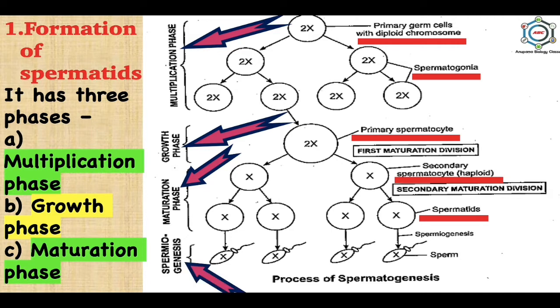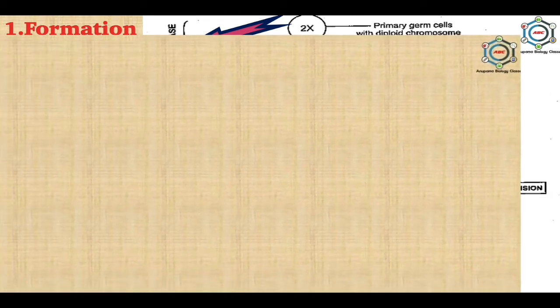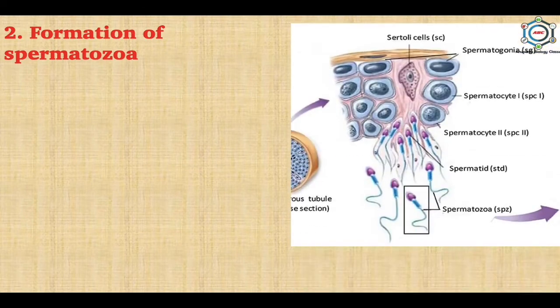After this, the last stage is spermatozoa formation or spermiogenesis, and here after metamorphosis, spermatid is converted into sperm or spermatozoa which are haploid. Now, here we will understand the complete process of the spermatozoa formation.